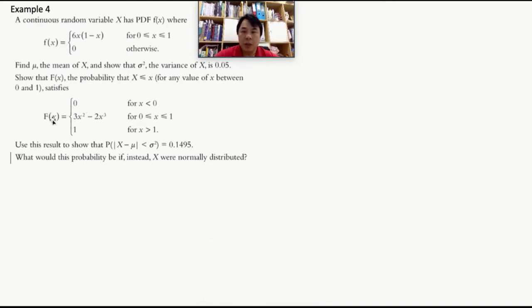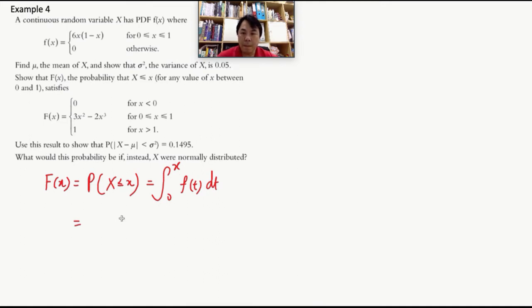So in this first part, we're going to prove that the CDF for the PDF here is shown here. Therefore, we're going to work out the CDF through its definition. F(x) is given by this: the integral from 0 to x of f(t) dt.